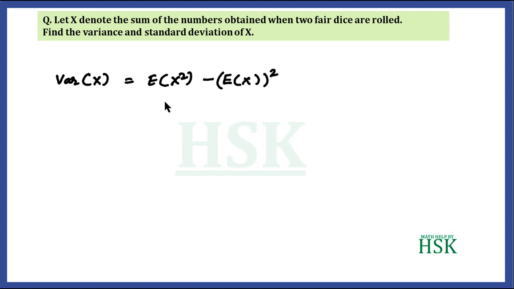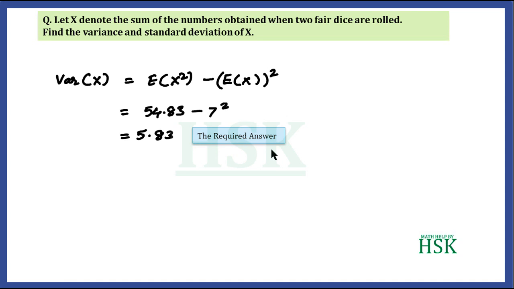Now variance of x is equal to E of x square minus E of x whole square. So we just have to place the values of E of x square and E of x whole square. So this is going to become 7 square, this will be 49. 49 minus 54.83 would be equal to 5.83.